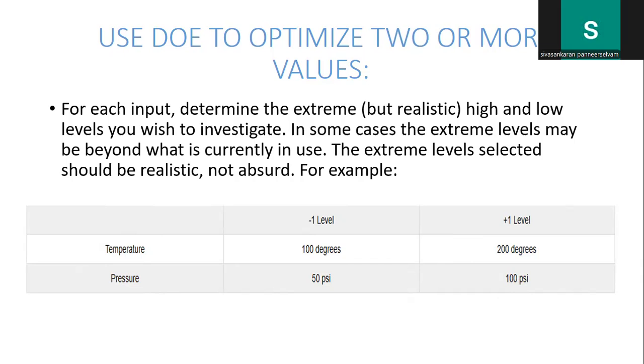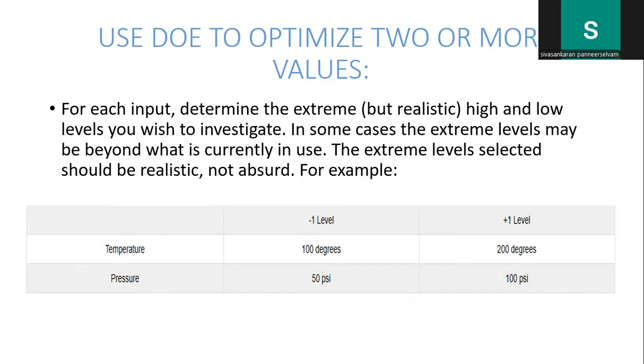Say for example, two different readings of temperature. One is at the lower level, the other one is at the higher level: 100 and 200 degrees Celsius. 100 represents -1, the lower level of temperature. +1 represents a higher level of temperature, 200 degrees Celsius.